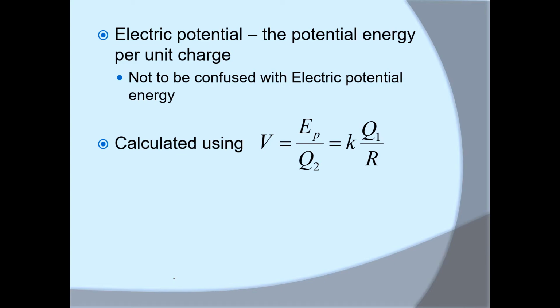So this definition is kind of just a redefining of what voltage means, because we know voltage is work per charge, but then we also know from previous studies that work is really just a form of potential energy. So we can say voltage can be potential energy per charge.